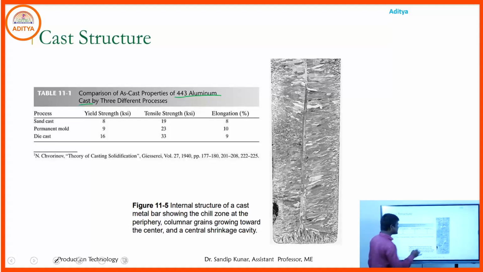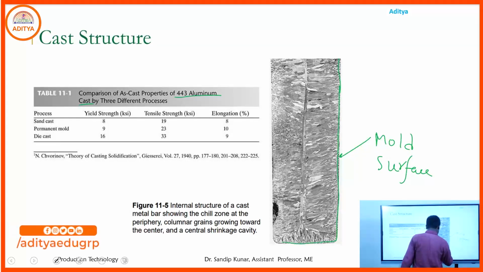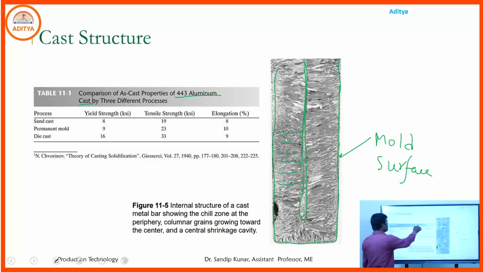If we consider that surface as the mold surface, then across this surface is the narrow band zone, called the chill zone. That zone is the columnar zone, and the middle portion is the equiax zone. That is the example of the 443 aluminum cast.